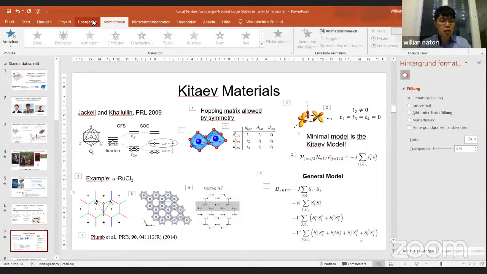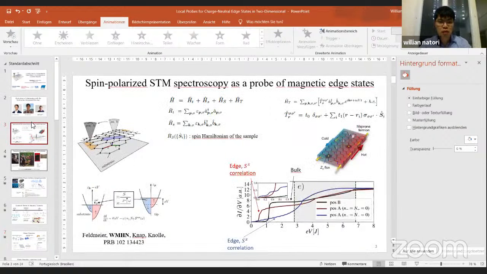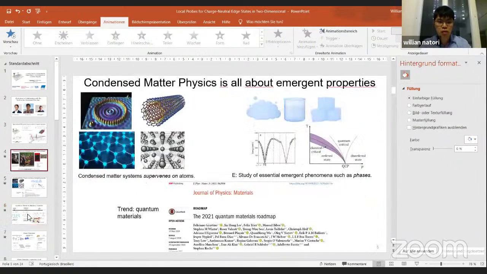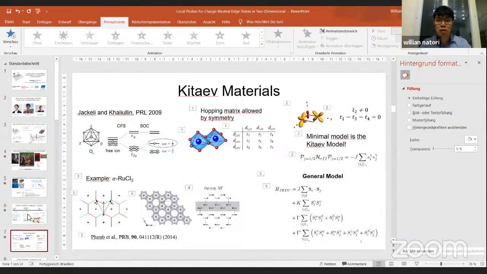Well, the theory, of course, we were thinking of using ruthenium trichloride as a motivation, because this is the one that showed some signature of quantum spin liquid physics.